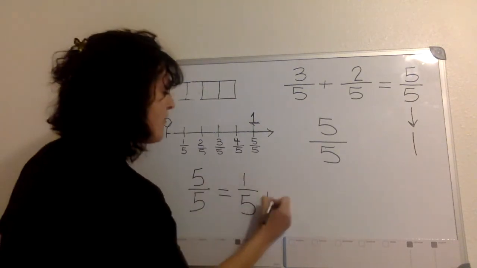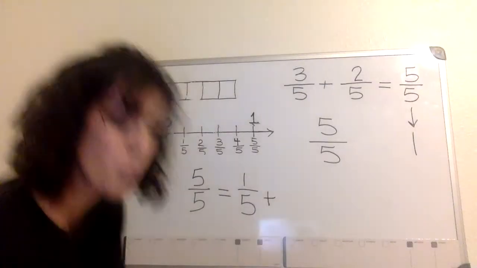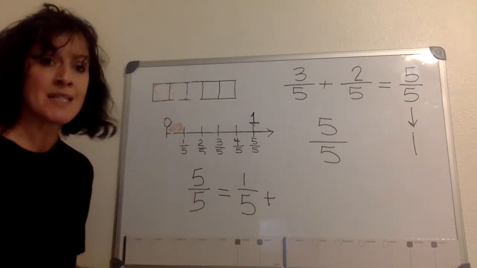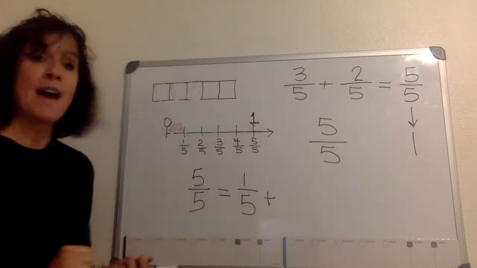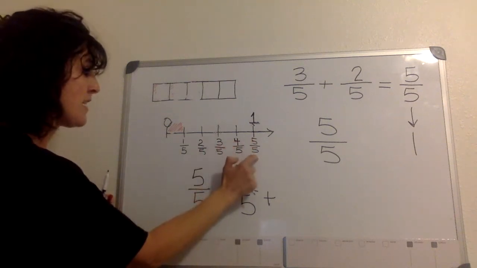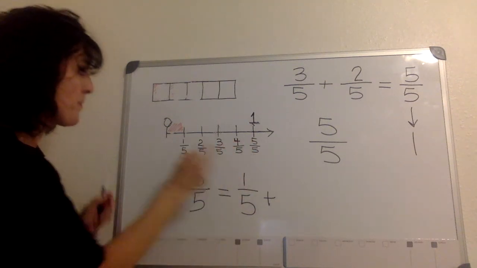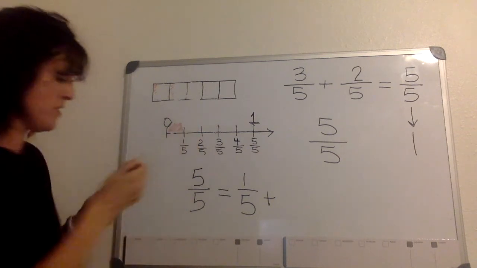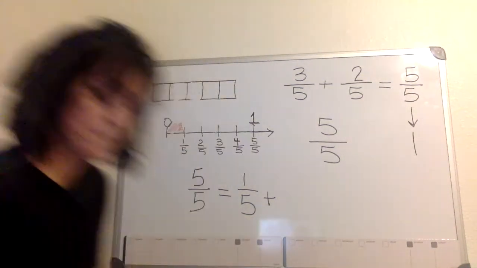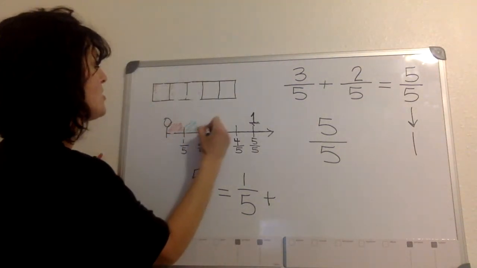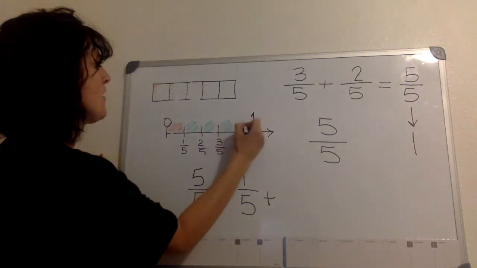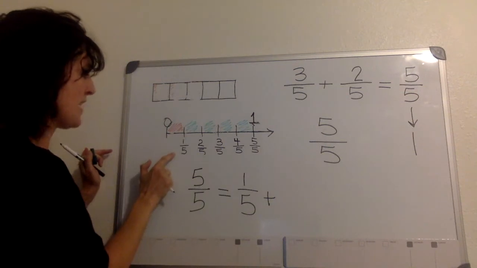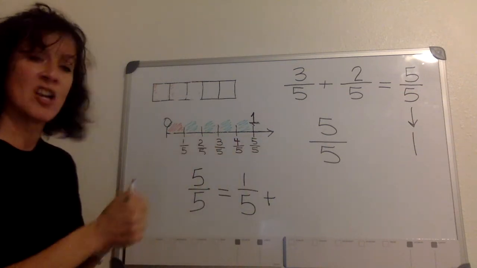So if we've already used up 1/5, how many more increments will get us to 5/5? So 5/5 equals my 1/5, which is right here, plus how many? Well, we've got 1, 2, 3, 4. So 4/5 plus 1/5 equals 5/5 altogether.